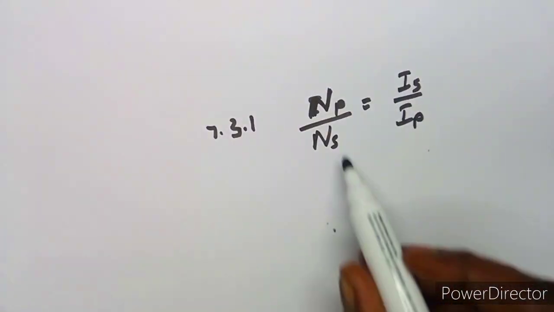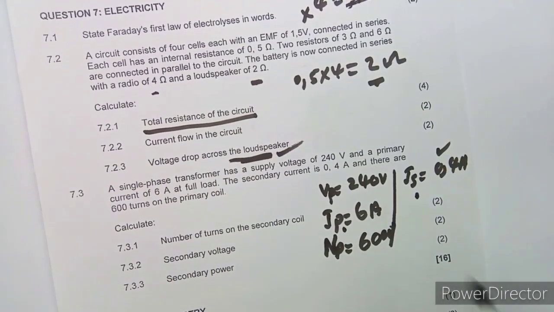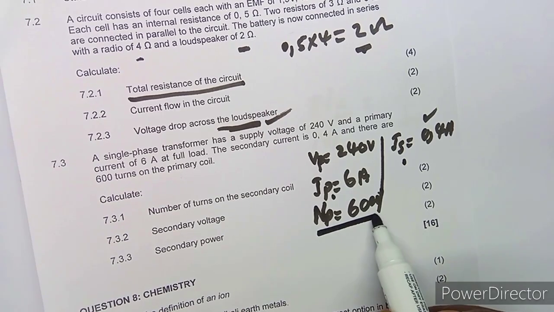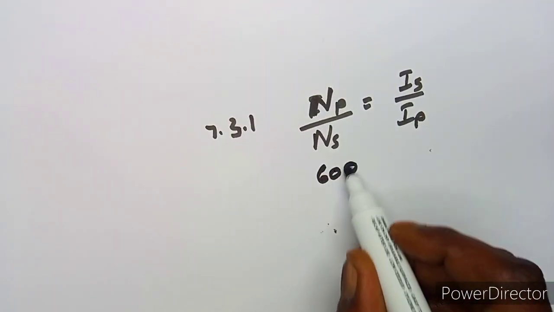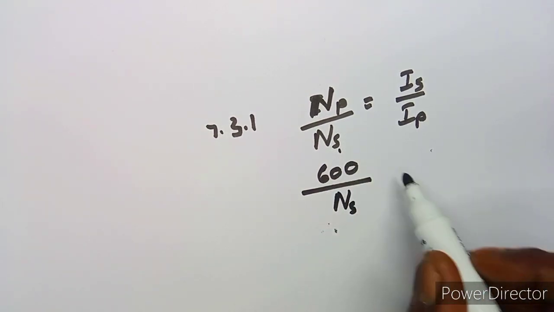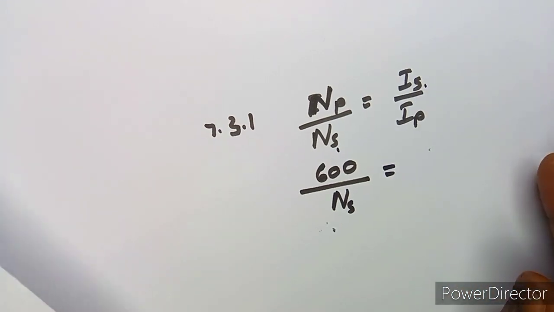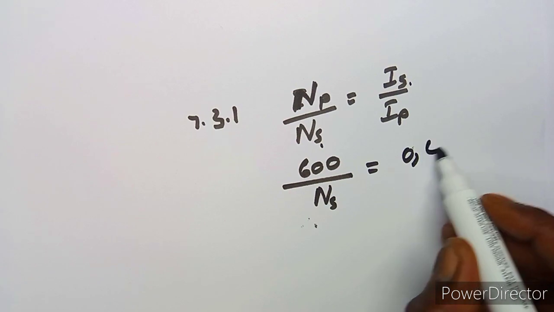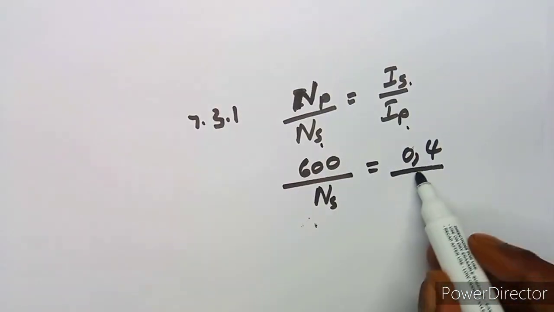You can substitute your values and cross multiply. Your NP here is 600, remember, you're given 600 turns. So it's 600 turns over the secondary, which is the one you want to calculate, equivalent to IS, the current on the secondary, which is 0.4, over the current in the primary, which is 6 amps.